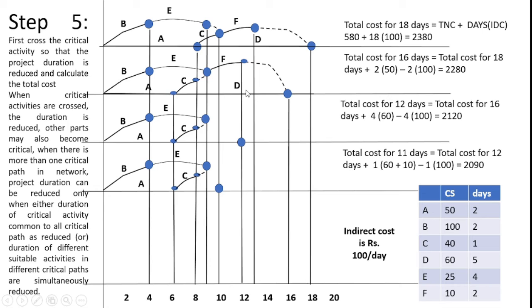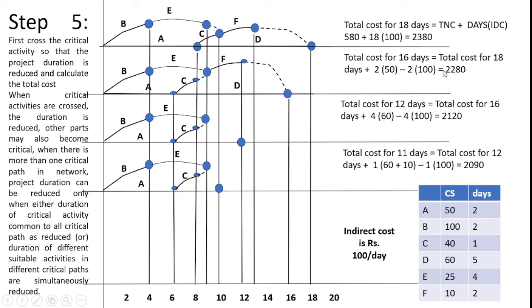Because in A activity I reduced 2 days, so that A crash cost is 50. So the 2 days I multiply, 2 into 50, I get the addition of cost value. After that, minus the indirect cost for the respective 2 days, I get 2 into 100.